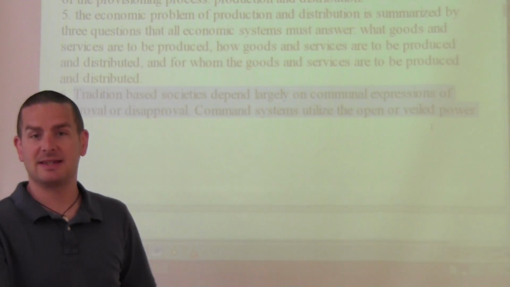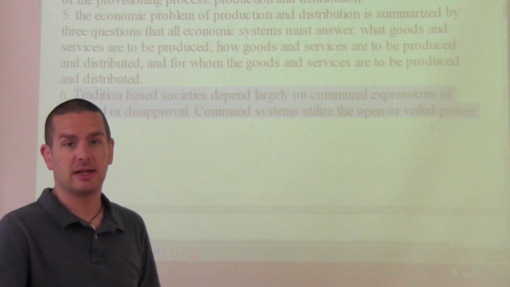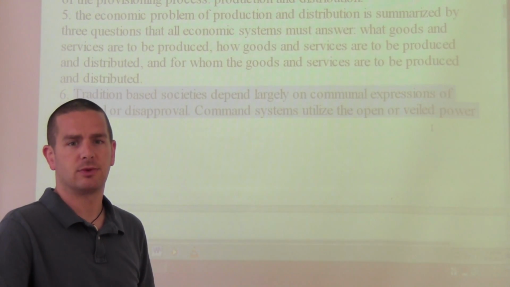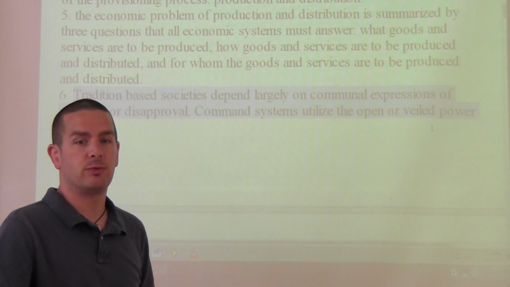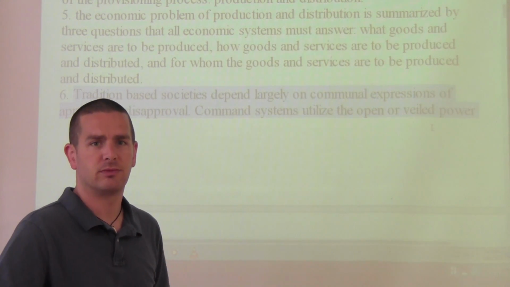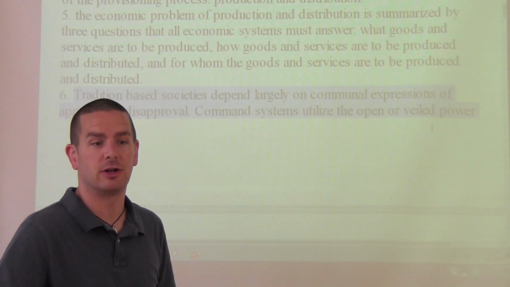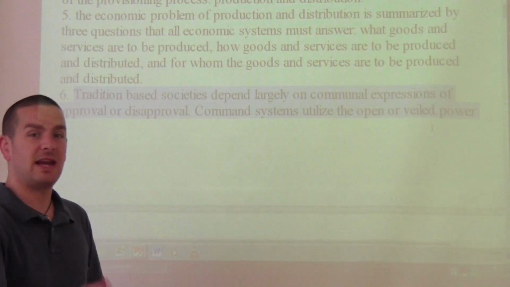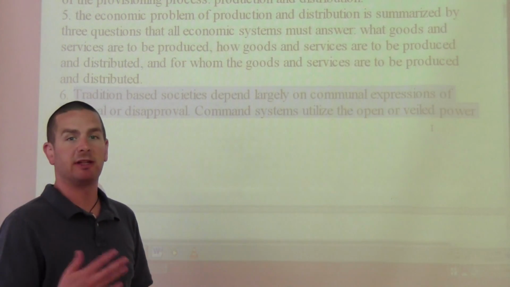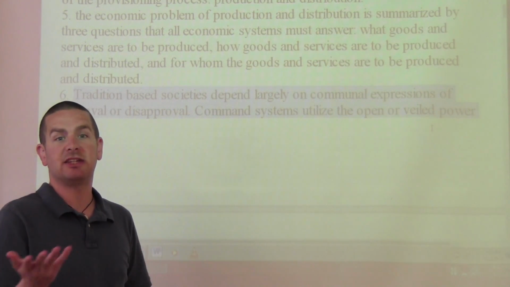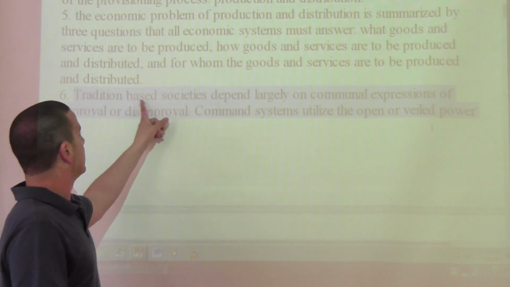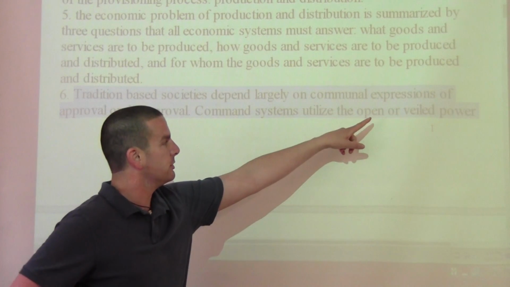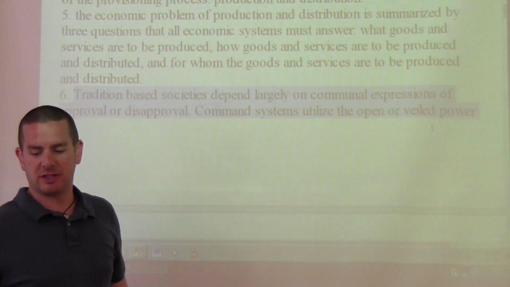An easy example of a traditional society would be the Native Americans. Another one would be the household. Say you sit down for a family dinner. That's a traditional economy. Let's take the latter example, the family dinner. Let's say it's a holiday, Easter. It depends largely on communal expressions of approval or disapproval.